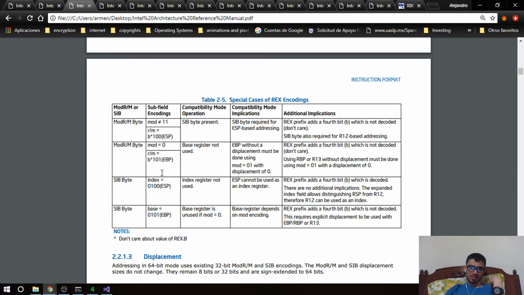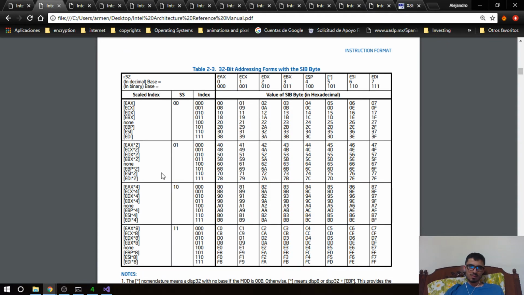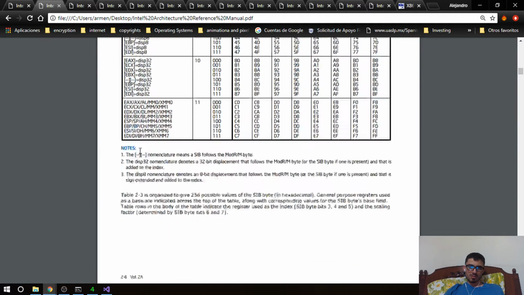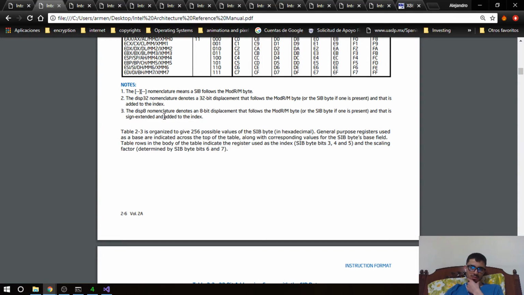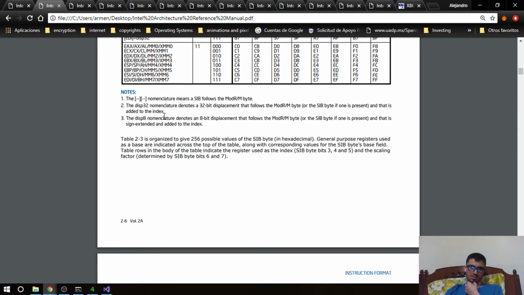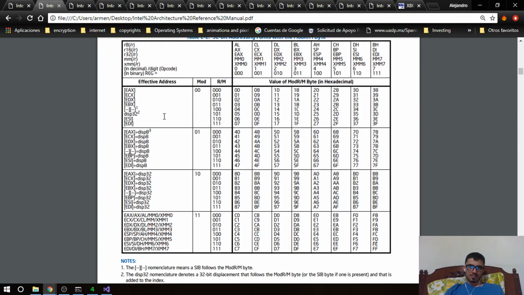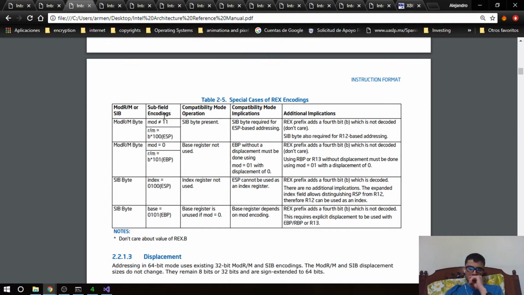We just use a displacement. And it means EBP.